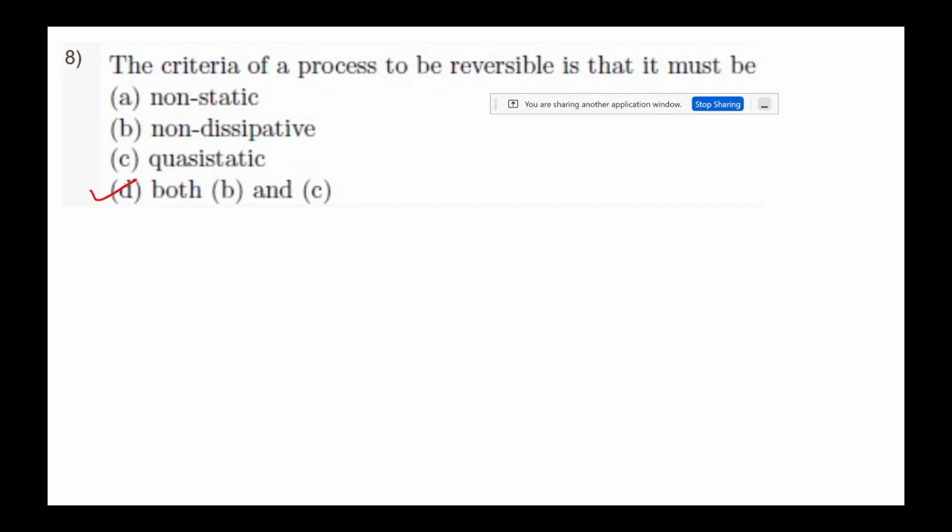rightly said that it will be both B and C, because the first criterion for a reversible process is that it has to be infinitely slow.